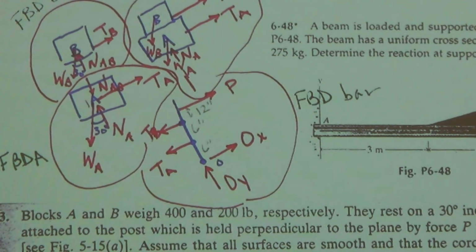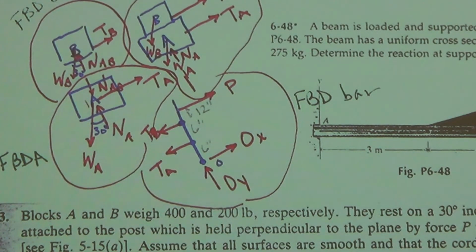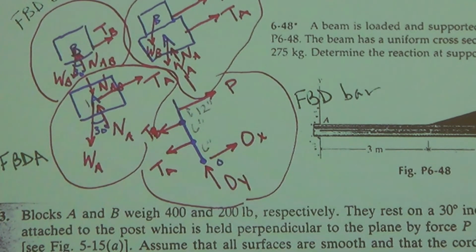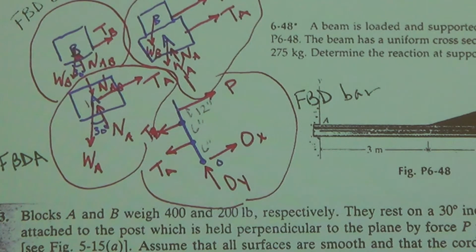So P, and this is great. And we have OX and OY, and we have weight A, weight B, and they're both 30 degrees. And then NA. So then when you do some of the moments around O, you just need to find NA.